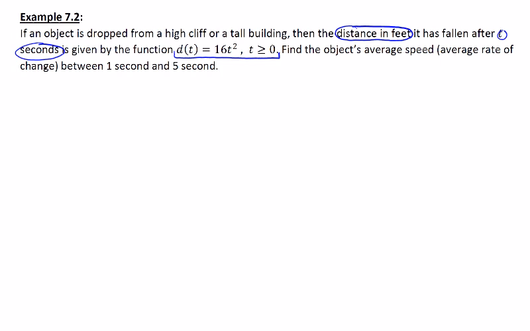So this statement after the equation, t is greater than or equal to 0, is an inequality, which would be equivalent to the interval 0 to infinity. That represents the domain of your function.